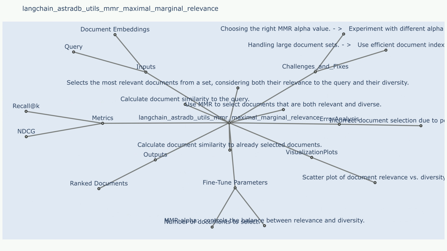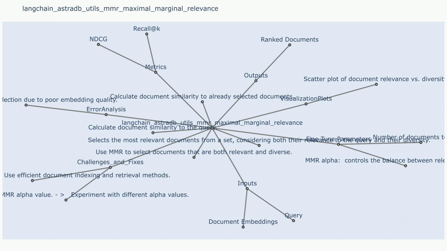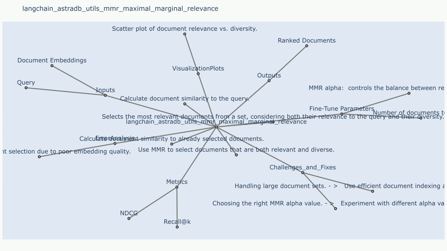Iteration: in each subsequent iteration, the algorithm considers all remaining documents and calculates a score for each document. This score is a weighted combination of the document's relevance to the query and its dissimilarity to the already selected documents. Selection: the document with the highest score is selected and added to the set of selected documents.